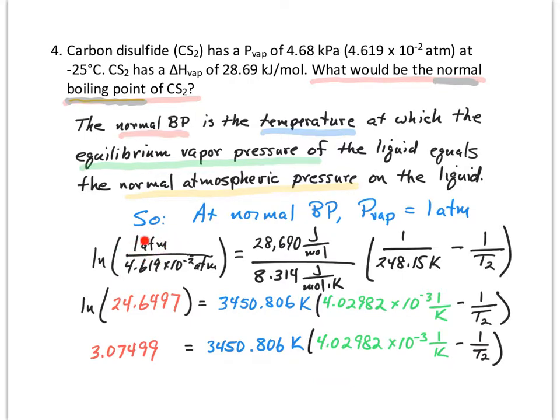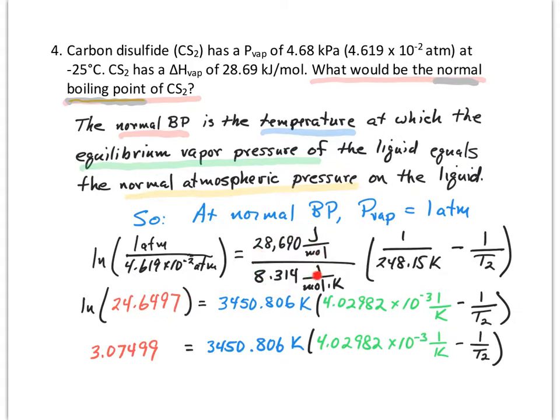This is not going to limit our significant figures. This is a measured number, so this is going to limit our significant figures. But again, we will carry more significant figures through our calculation, right? So, right here we have 1 atmosphere divided by 4.619 times 10 to the minus 2. That gives us this 24.65 approximately.